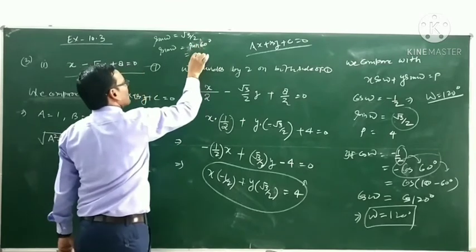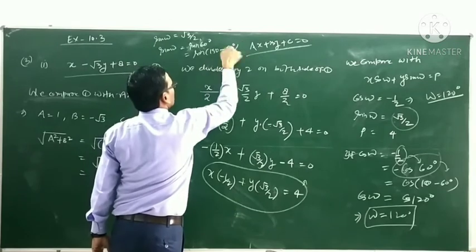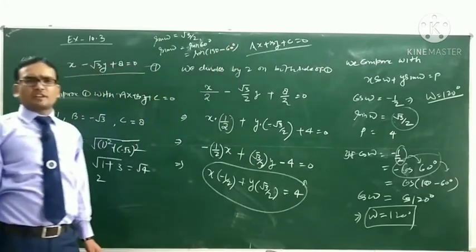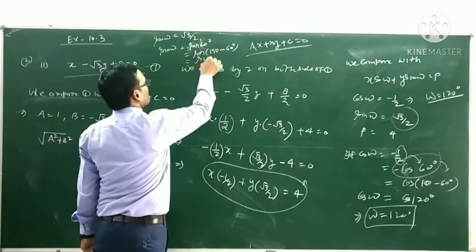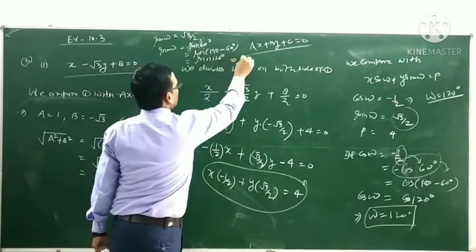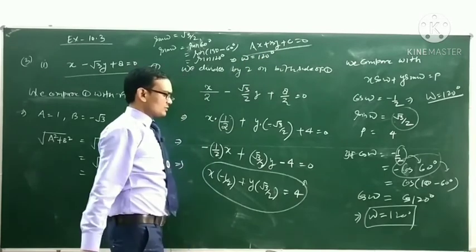Sin 60 is also written as sin 180 minus 60, and sin 180 minus 60 is sin 60, then this is equal to sin 120. This implies that omega equal to 120. Okay, students?